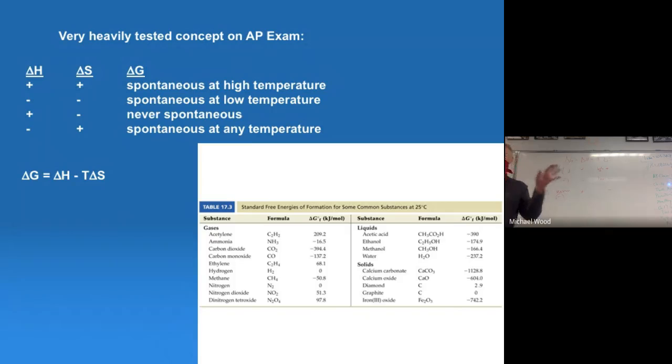So that's an endothermic reaction with a negative delta S. And then number four is if I have negative. Remember I said usually when reactions are exothermic, it's usually spontaneous, but not always. And usually when the entropy increases, it's usually spontaneous. So if I have a negative minus a positive, it is always going to be spontaneous.